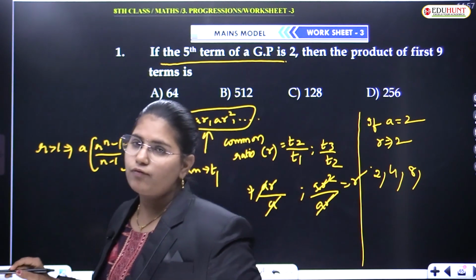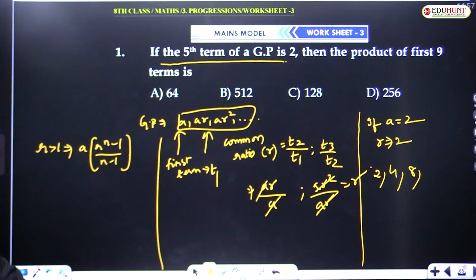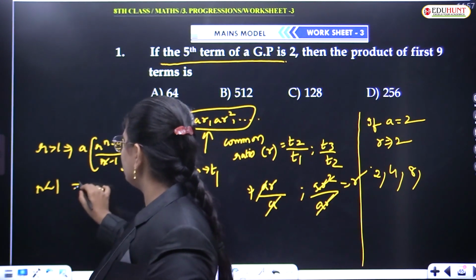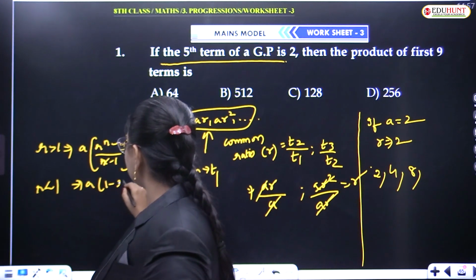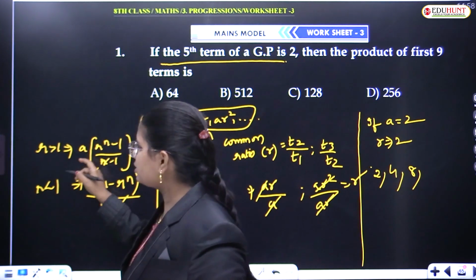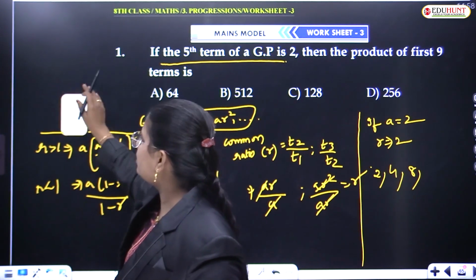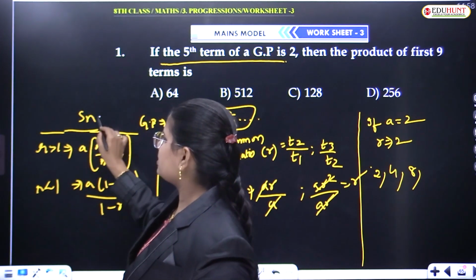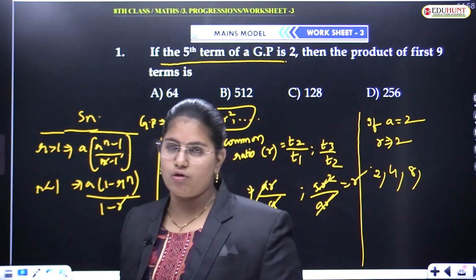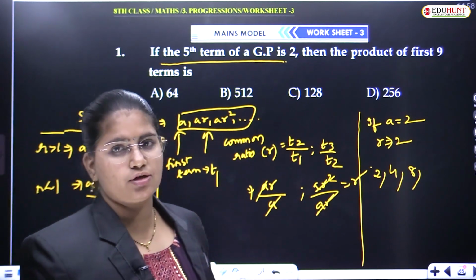If r is less than 1, the formula is a into 1 minus r power n by 1 minus r. So these are the two formulas for Sn, the sum of n terms in a GP, which I have already explained in the intro video. Please visit that and then come back to this.